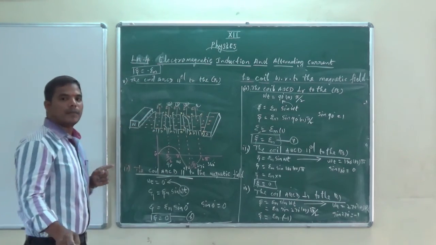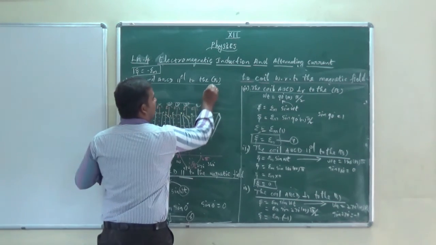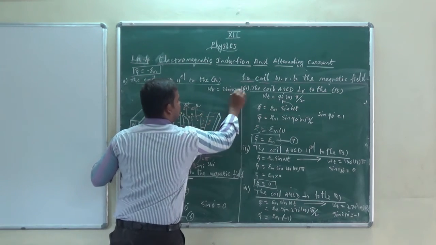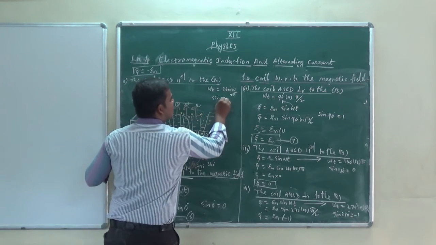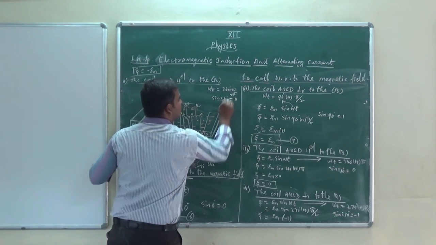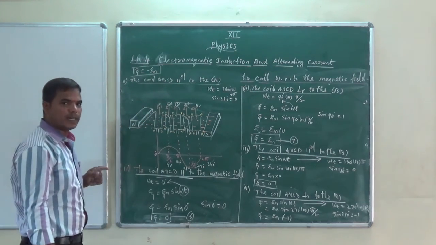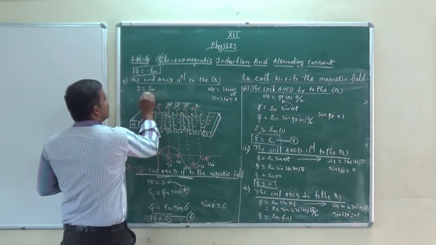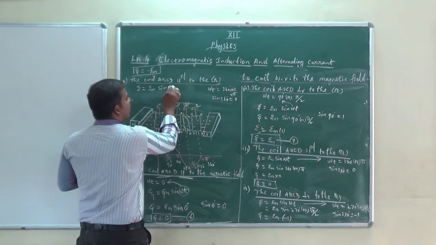What is the induced EMF? Here the deflected angle is 360 degrees or 2 pi. Sin 360 degrees is nothing but 0. So what is the required equation? Induced EMF with sin omega t.